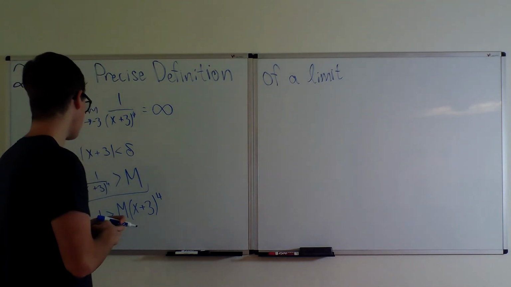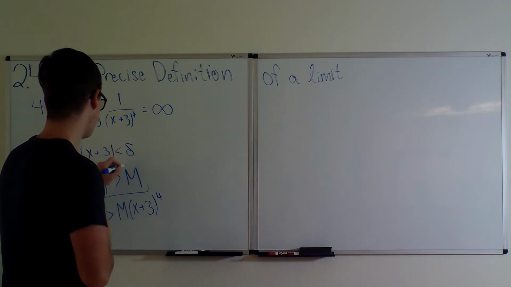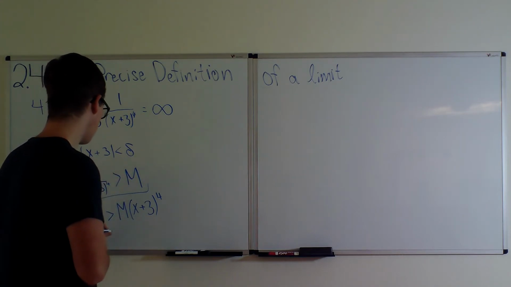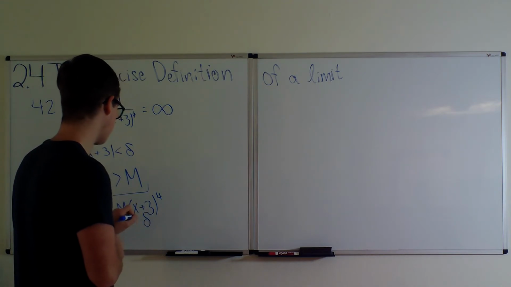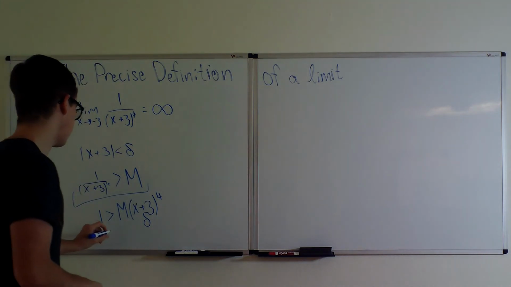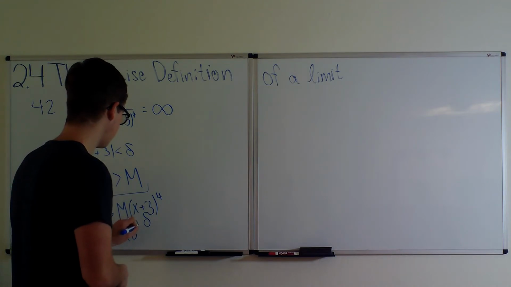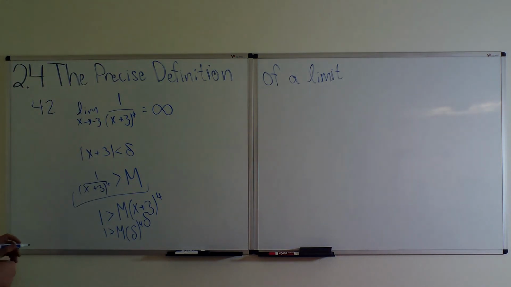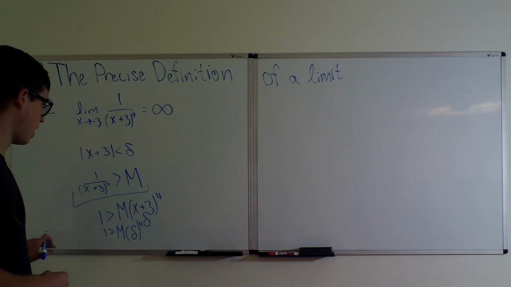And then we know |x + 3| is less than delta, so if we switch this with delta, then it's going to be even smaller, so M delta^4 is still less than 1, right? So then what we want to do is isolate delta now.